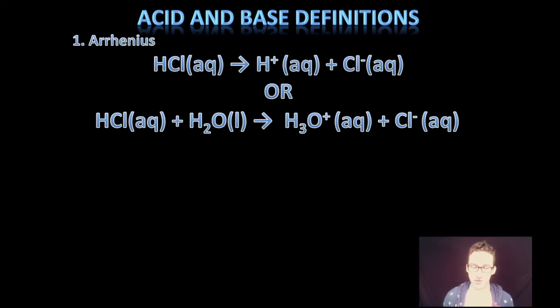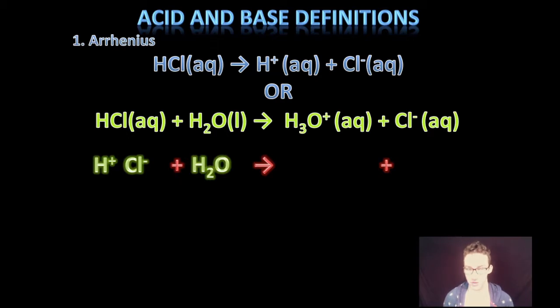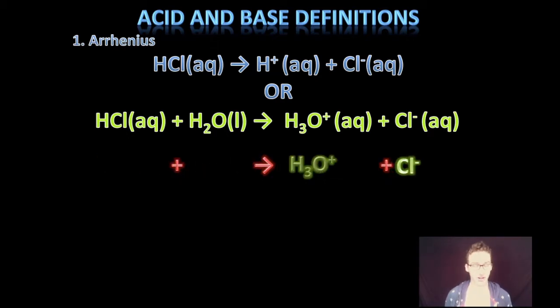But it's more accurately represented in that second format, whereby we have the hydrochloric acid molecule and the water molecule there. When they interact, yes, the HCl is donating a hydrogen ion, but it's quickly picked up by a water molecule to form the hydronium ion. So just recognize hydrogen ion, hydronium ion, interchangeable.